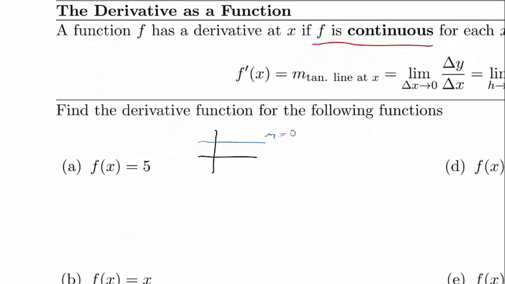So let's go ahead and work through this one. So f prime at x equals the limit as h approaches 0 of f of x plus h minus f of x, all divided by h. Okay, so let's work this through. First off, what is f of x plus h?